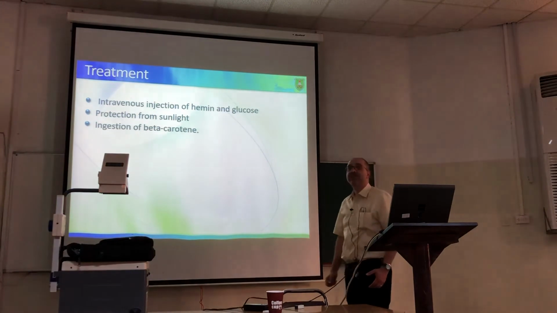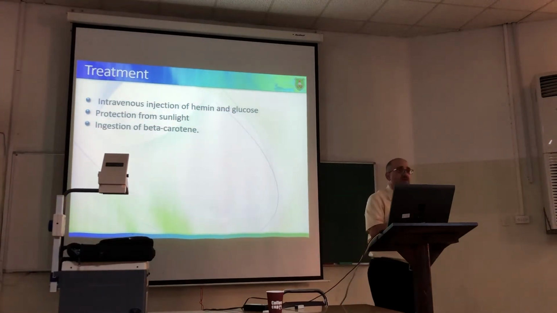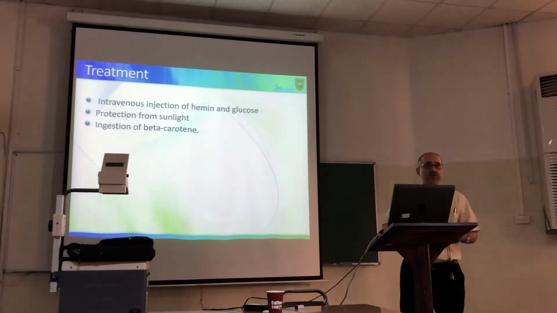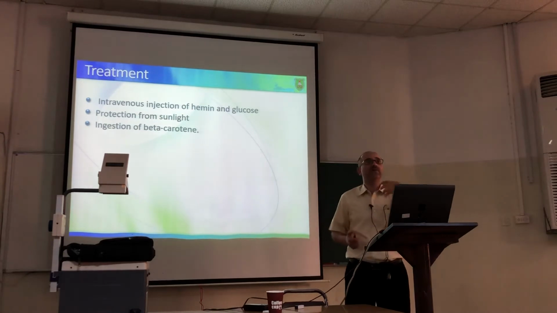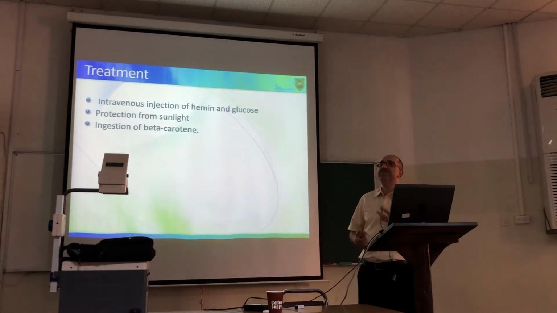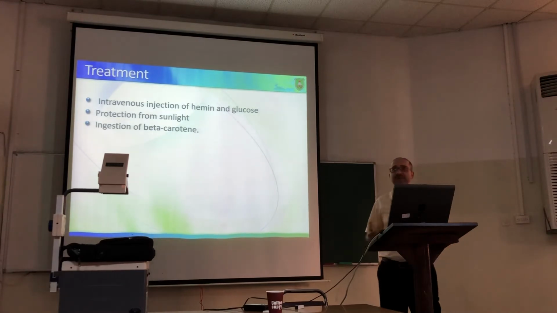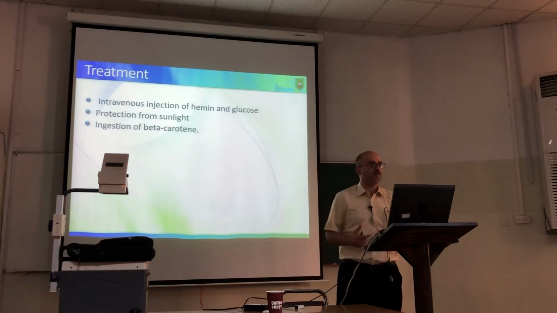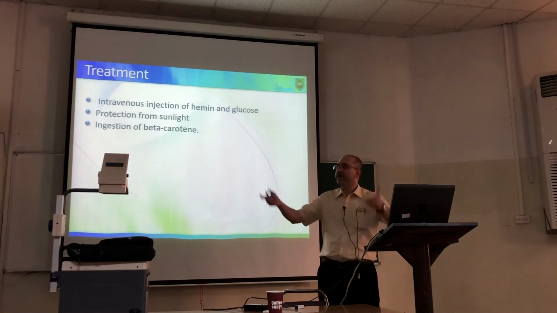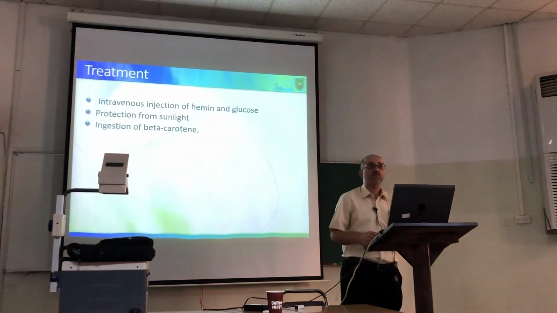Also, patients are protected from sunlight for obvious reasons, because they would have lesions on their skin as a result of accumulating these intermediates. They are also given a lot of antioxidants, specifically beta-carotene. The reason is that these intermediates would result in the production of oxygen radicals, and they must be removed by antioxidants like beta-carotene. Questions?